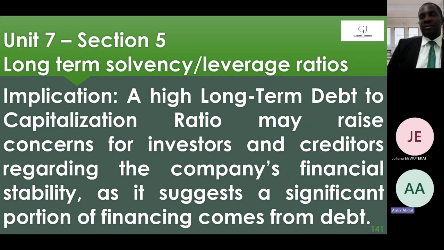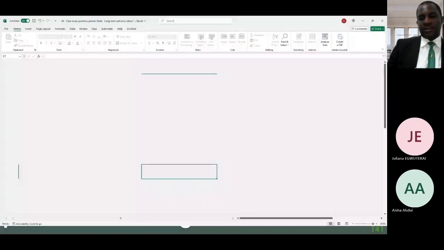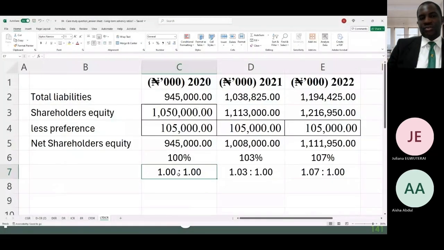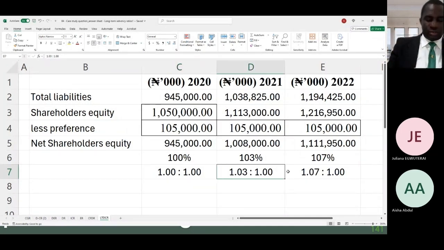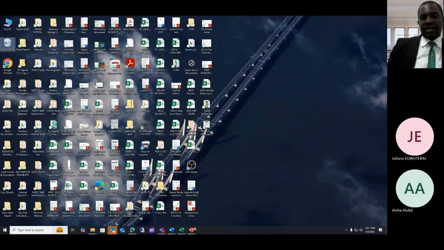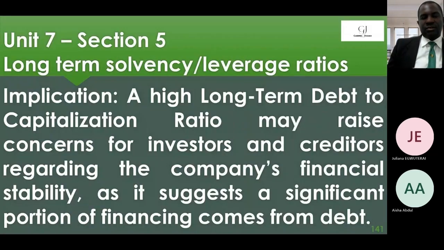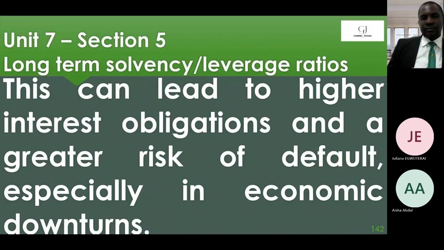So internal stakeholders will suggest a significant portion of financing is coming from debt. So this one is balanced. You can see 1:1, and I think there's a balance. So it shows that the liability is the same with the equity, irrespective of external dilution. So this one is balanced, and there's no high, there's no low here.